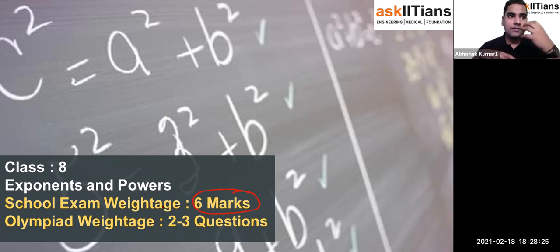Some schools might give questions of less than 6 marks from this chapter, some might give more than 6 marks, and some might give exactly 6 marks. So you can say from 4 to 7 or 4 to 8. That's the kind of weightage this chapter has as far as your school examination is concerned.